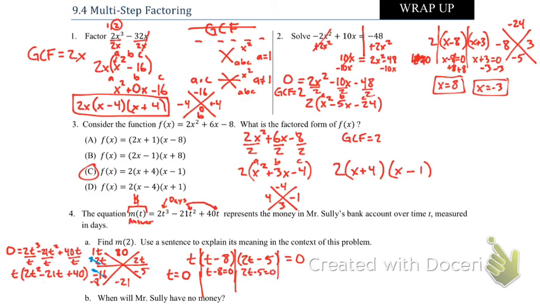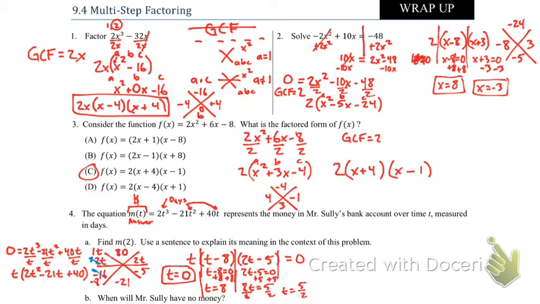So we're going to get 3 answers here. We have 1 answer: add 8 to both sides. Another answer: add 5, so we have 2t equal to 5, and then divide by 2. So t equals 5 over 2.